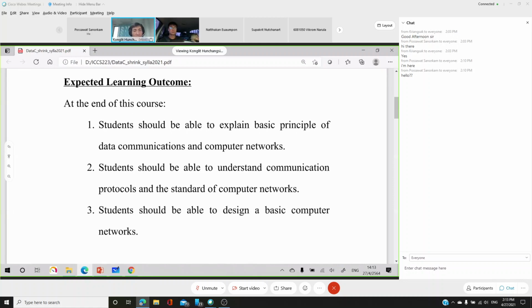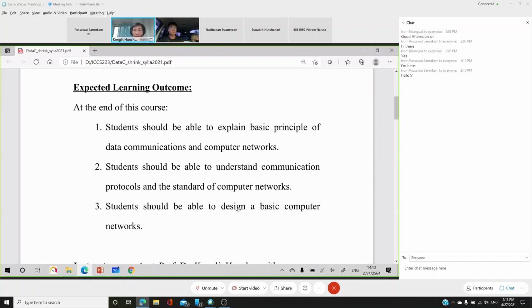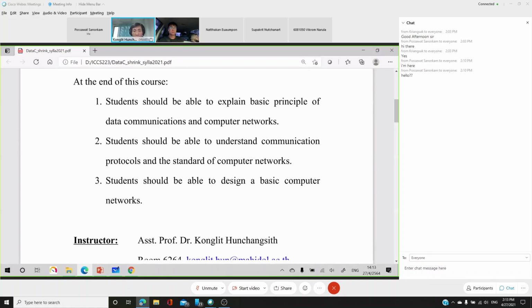You should know the components that are required and how to make them work.